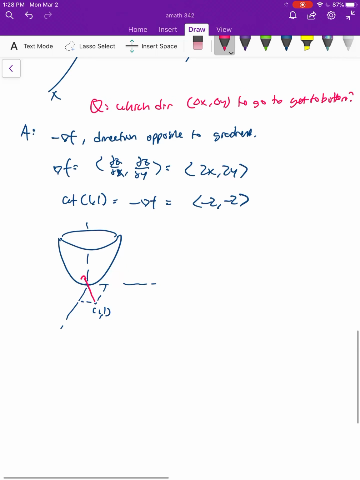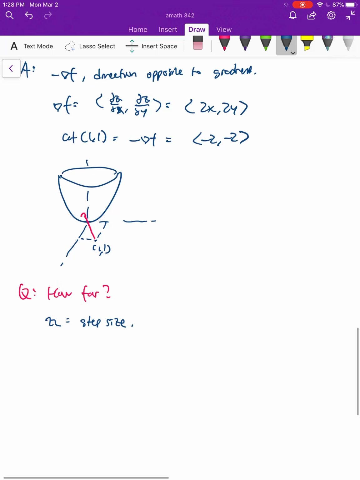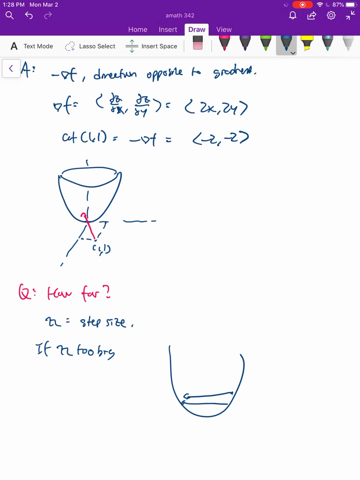Now, we talked about direction, but the next question is, how far? How far in that direction should we go? Let's call eta the step size, which is how far to go along that direction. And here we see why this can be tough. If eta is too big, then you would just be oscillating over and over and not be able to reach the minimum.